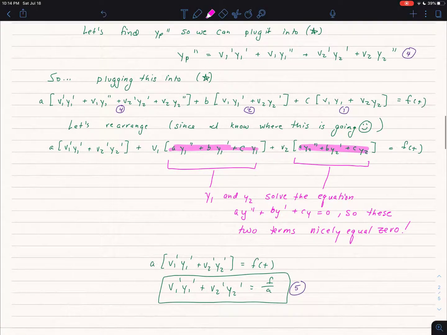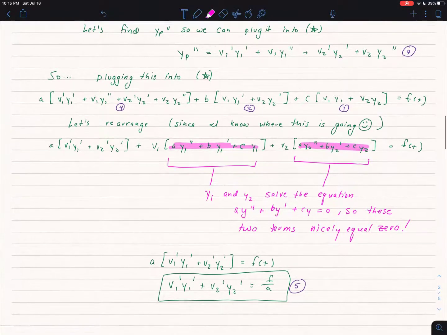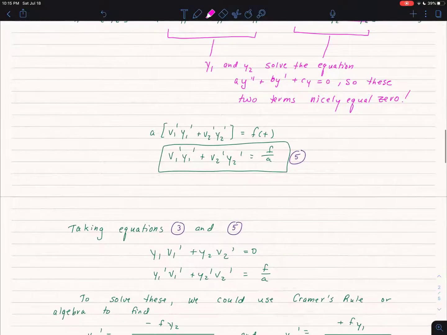So that means I can rearrange this equation, this second derivative of yp. I'm going to use that to come up with this relationship: v1 prime times y1 prime plus v2 prime times y2 prime is equal to my f of t divided by my constant a. That's going to be equation 5.